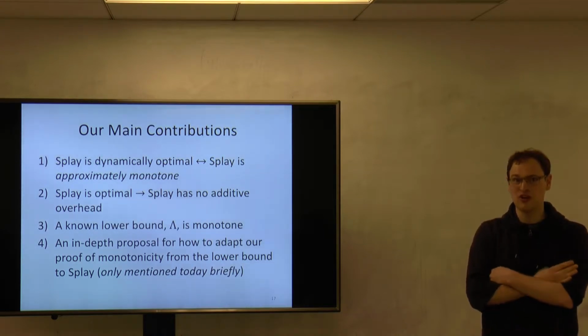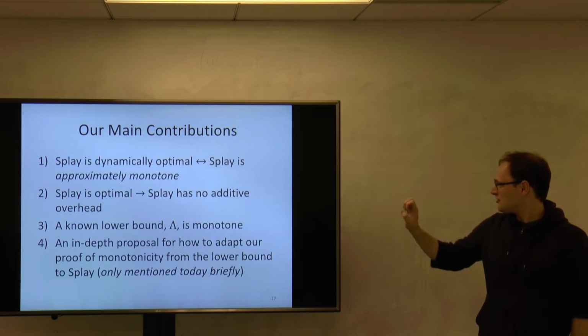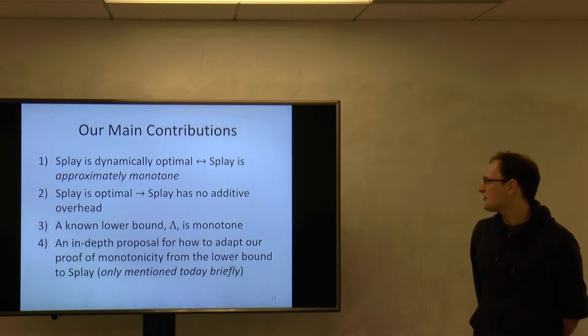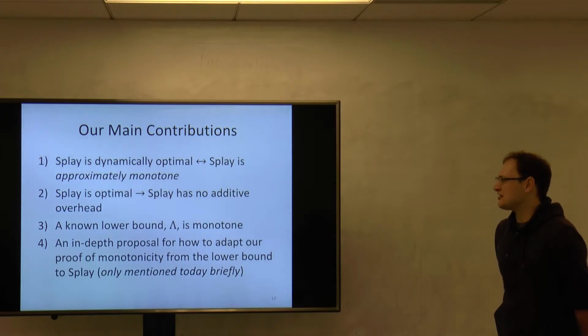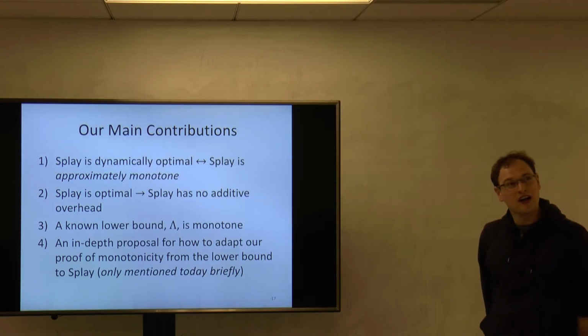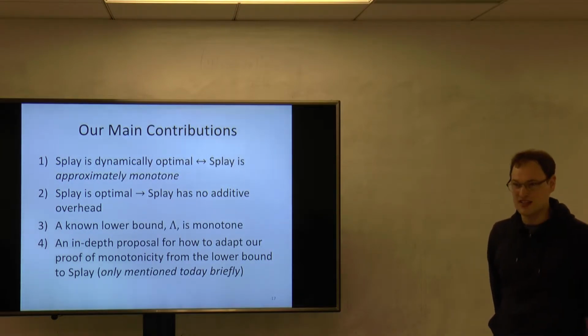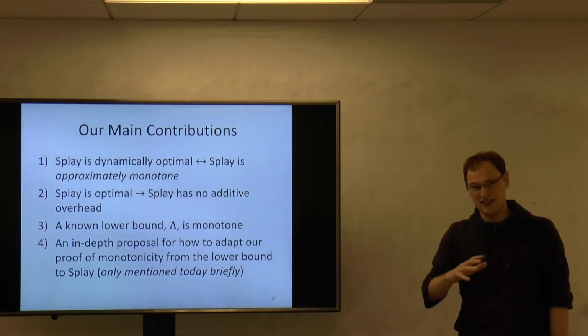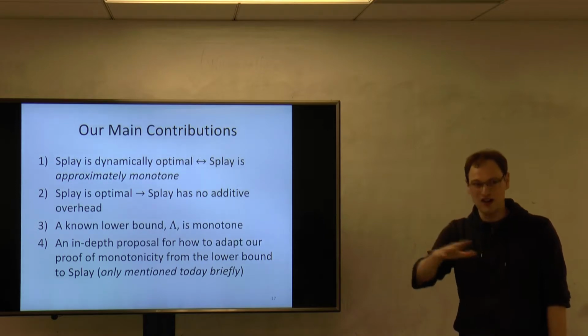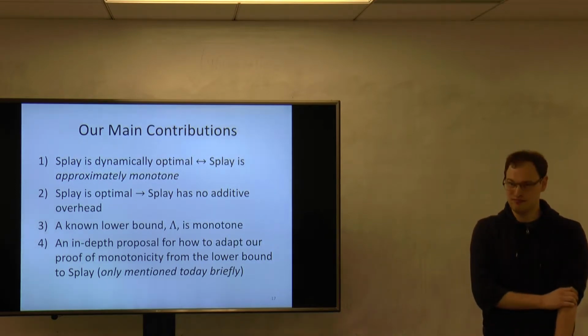And also, this is interesting within the context of other problems related to dynamic optimality, but the techniques are kind of interesting in their own right. The second result is that if splay is optimal, then it won't have any kind of non-trivial additive overhead.